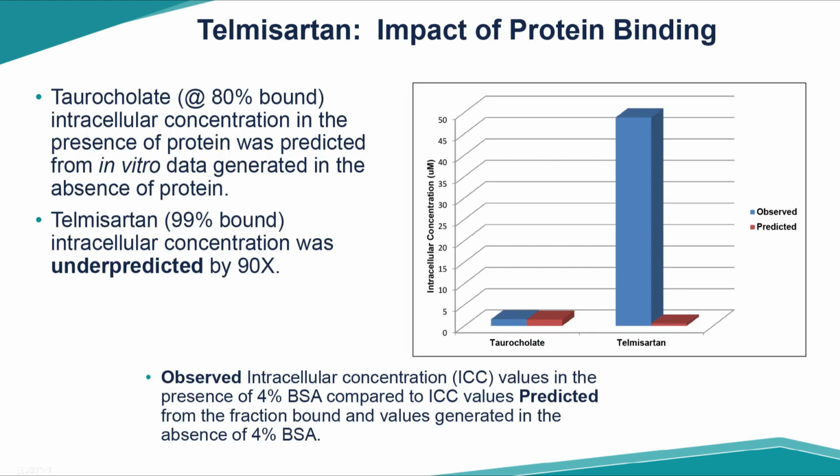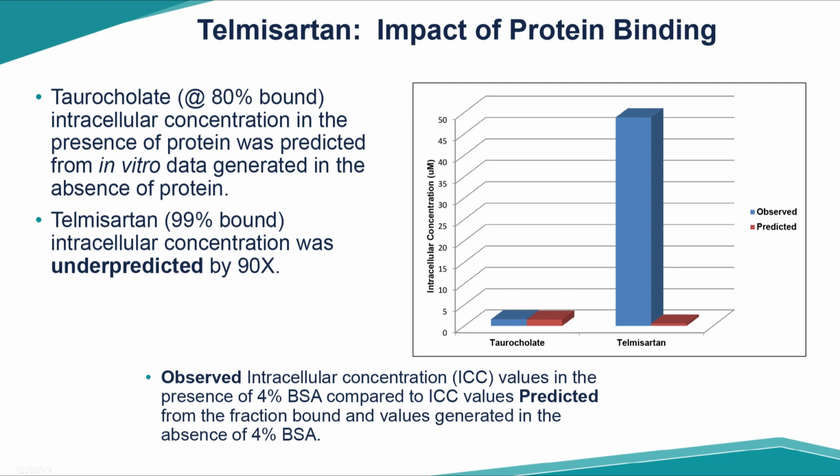And again, we did a similar study with Telmisartan, and I'm just showing Taurocholate here for reference. But when we did this study with Telmisartan in the presence and absence of protein, the actual intracellular concentration was underpredicted by close to 100-fold.